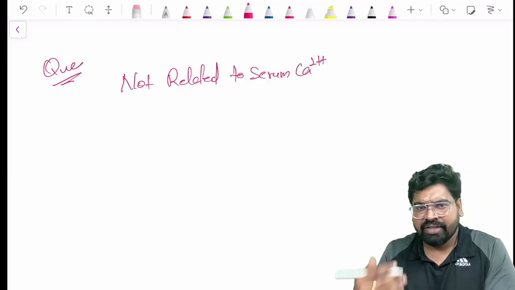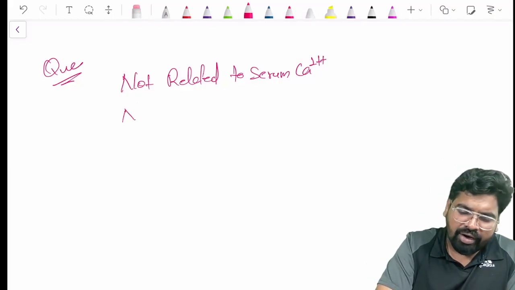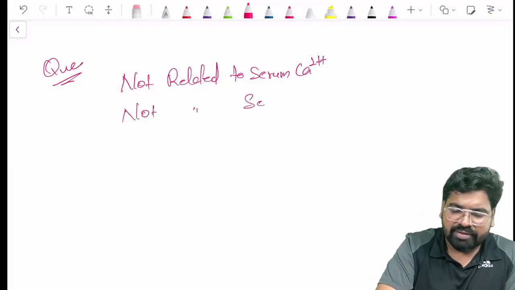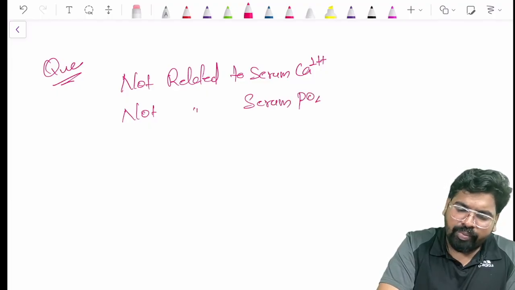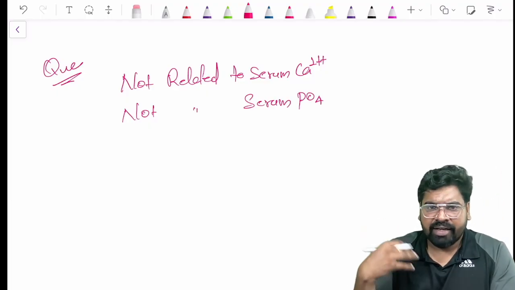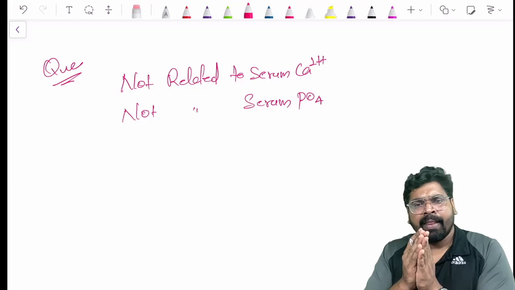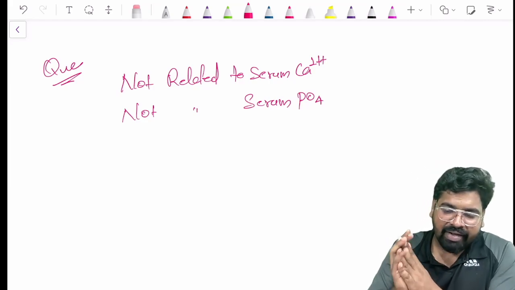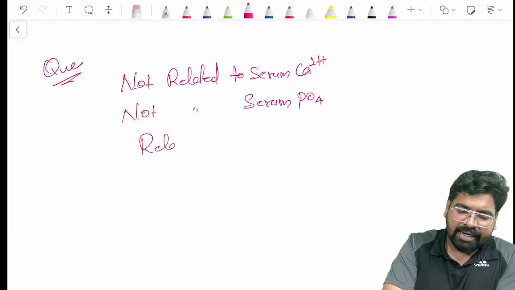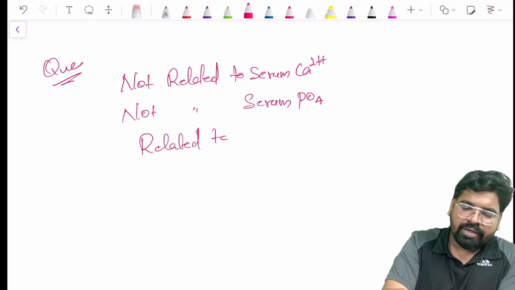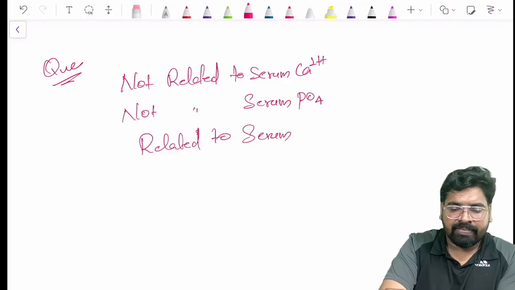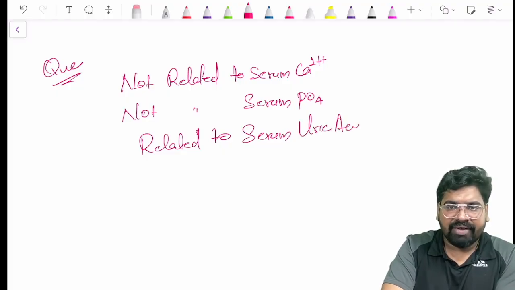It is not related to your serum phosphorus either. There is no problem whether you have high serum calcium or high serum phosphorus. There's no relation with your sialolith, but it is related to your serum uric acid levels.